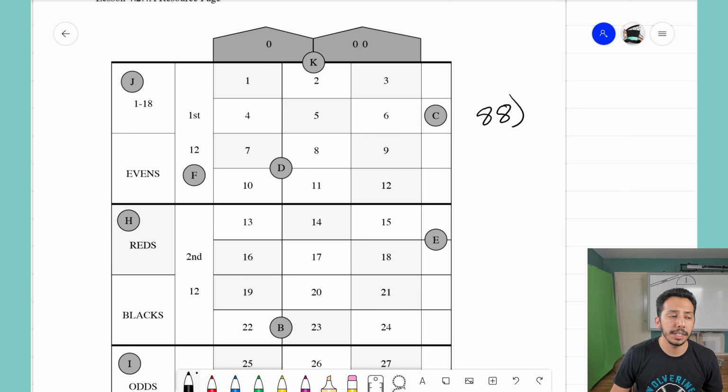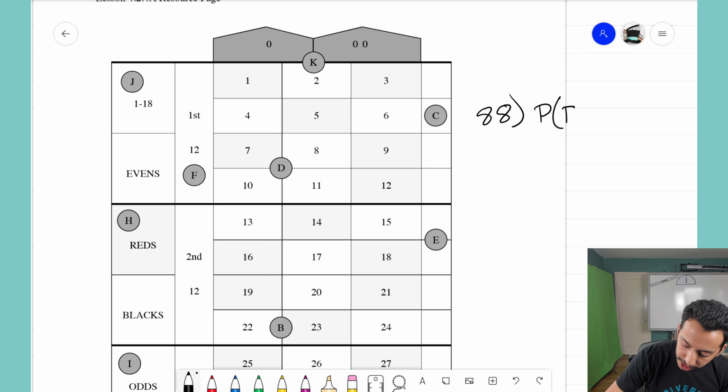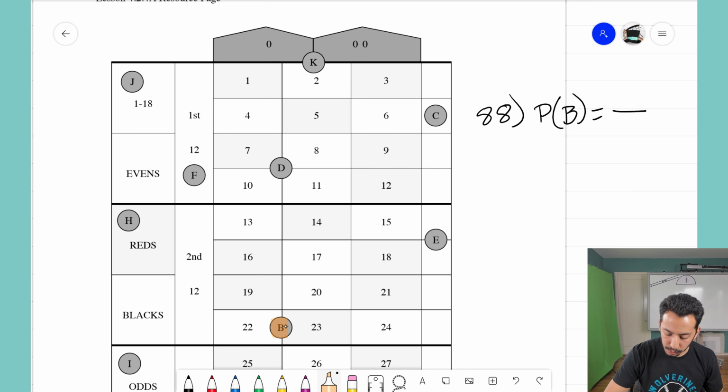We're looking at this board, and we see that there are multiple chips placed, right? They placed the chips in multiple spots there. My question to you is, what is the probability that the person who bet chip B is going to win? That's where bet B is. What would be the fraction for bet B?